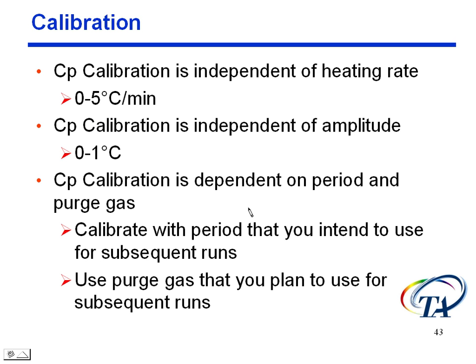The heat capacity calibration is independent of amplitude, from 0 to 1 degrees C. The heat capacity calibration is dependent on the period and the purge gas that you're using. So you want to calibrate with what period that you're going to use for subsequent runs. So if you're using an 80-second period to make your heat capacity measurements, you want to use an 80-second period to do your calibration. Pretty obvious, right?